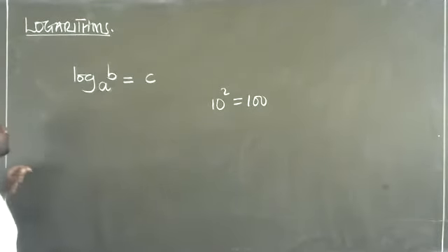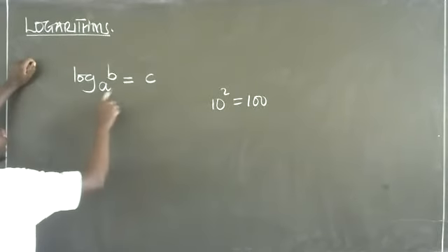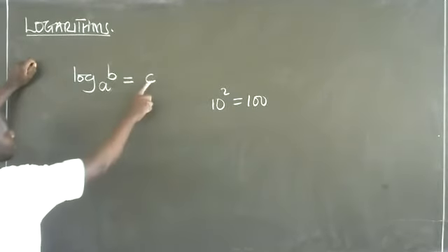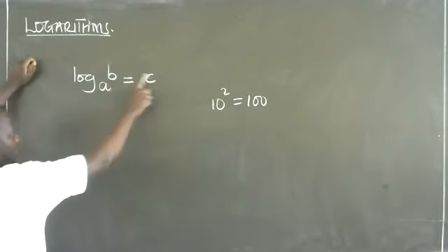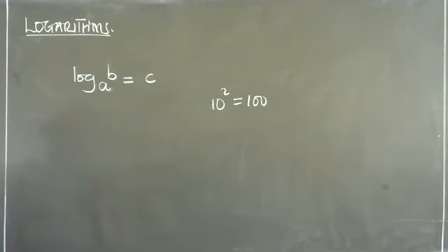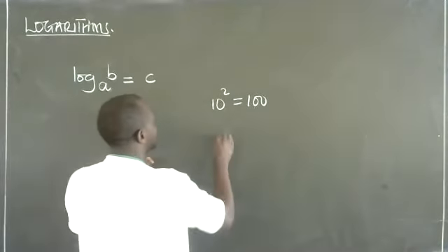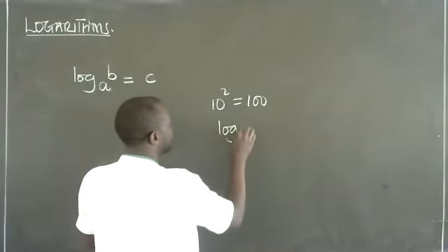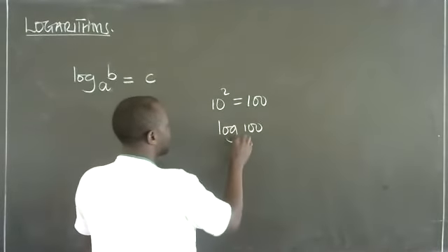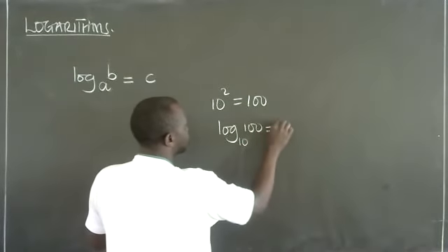It means that when I raise A to the power C, the answer will be B. Just like here we said, this one is the same as the logarithm of 100 to the base of 10 is 2.